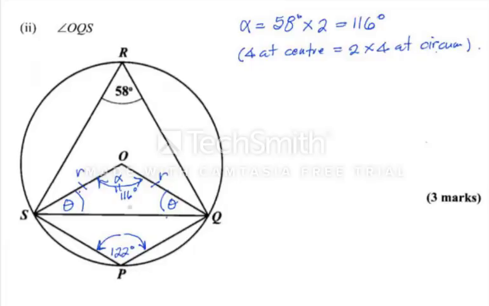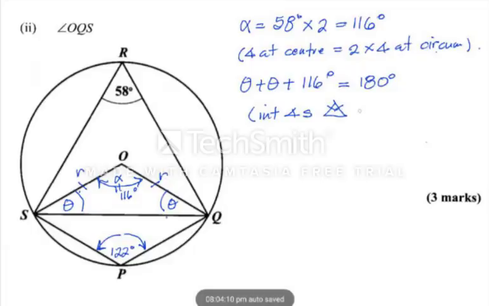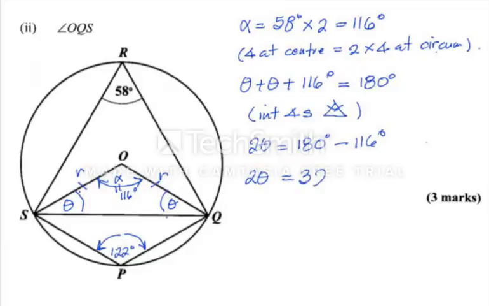All right. So this angle here is 116 degrees. And the 3 interior angles in a triangle add up to 180 degrees. It means therefore that theta plus 116 degrees would be equal to 180 degrees. And the reason for that is that they are the interior angles of an isosceles triangle. So 2 theta would be equal to 180 minus 116 degrees. 2 theta would be equal to 32 degrees.